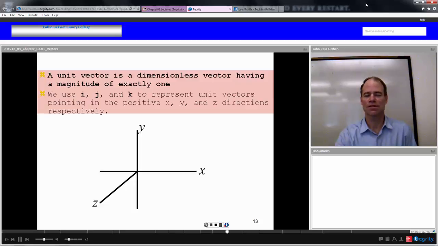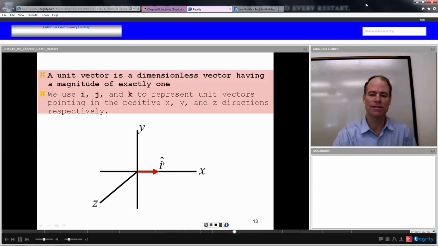I'm going to want to do this a lot. So to indicate direction, either x, y, or z, I am going to use unit vectors. We will define an i unit vector in the x direction as a vector only having that direction and having magnitude 1.